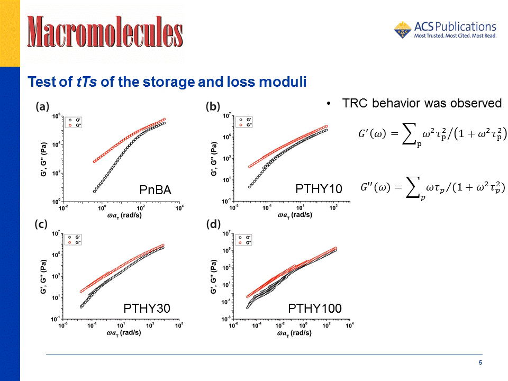Nevertheless, from this master curve, it can be seen that at higher temperatures, 75, 85, and 90 degrees C, the terminal relaxation for sample PTHY100 becomes visible, and the relaxation time, which is controlled by sticker lifetime, shifts to higher frequencies with temperature increase. This indicates an acceleration of the sticker's dissociation in comparison to the Rouse type motion.